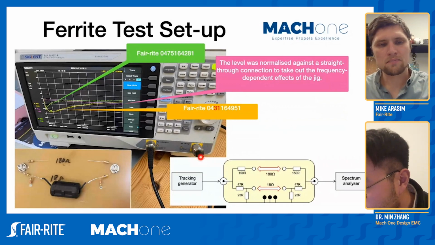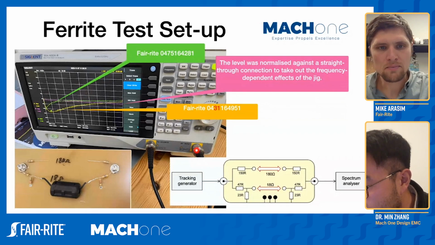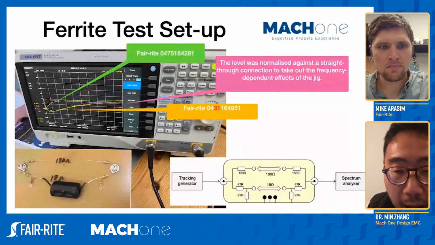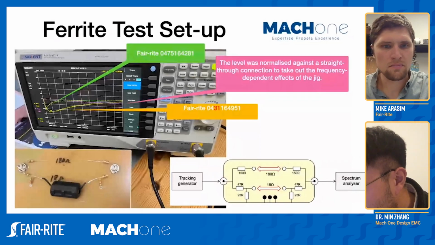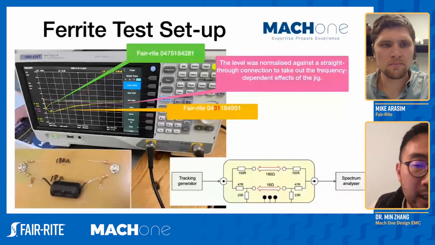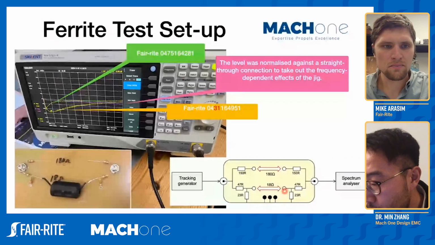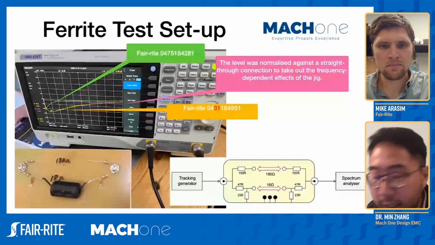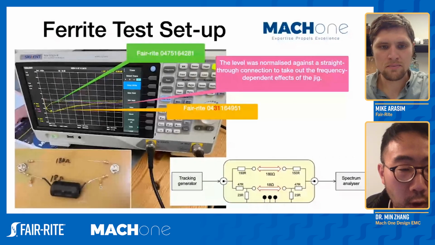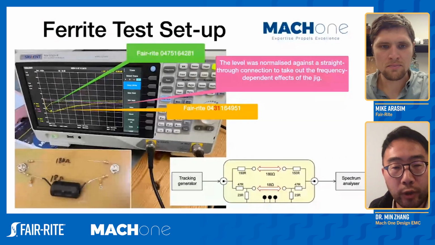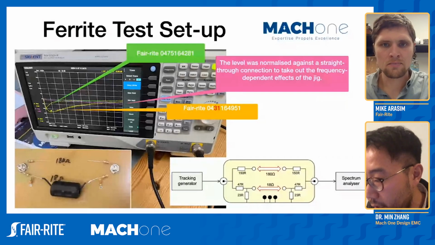If you work out the math, you can quickly calculate that this channel shown here will have what we call a high impedance path, which is 180 ohm, and this path would be 18 ohm, representing a low impedance path. With a simple jig like this, we can demonstrate the effectiveness of a ferrite core, and we can demonstrate a few ideas which we will show you later on.